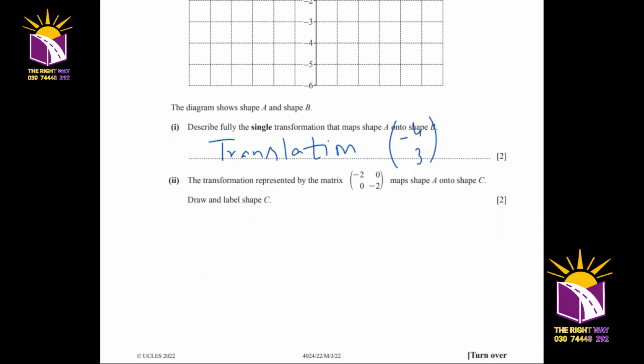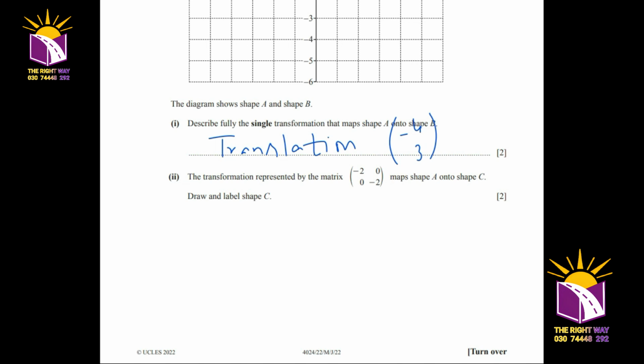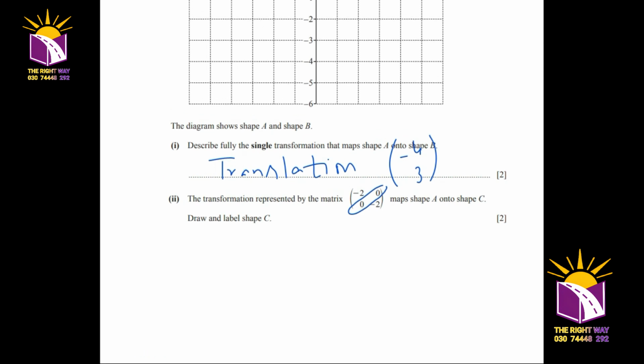In part 2, the transformation represented by the matrix minus 2, 0, 0, minus 2 maps shape A onto C. From the 0 0 I know that it is a transformation about the center, and minus 2 means you are going to multiply your x with minus 2 and your y with minus 2 as well.